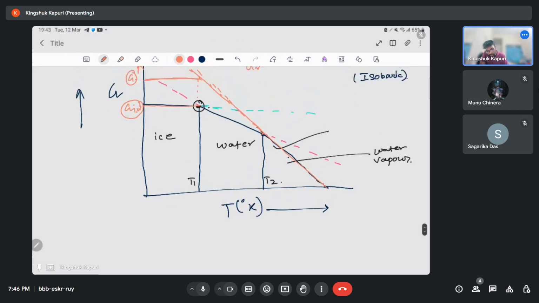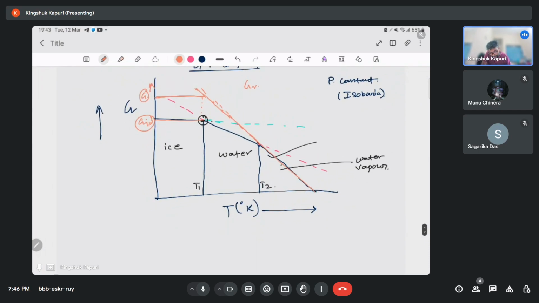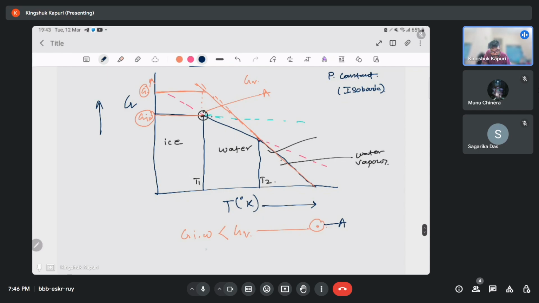Okay, so see, these have very significant meanings. In this diagram, G of I comma W is lesser than G of vapor at this particular point. This point is A, let's suppose. So at point A, the G of V is greater than G of IW.